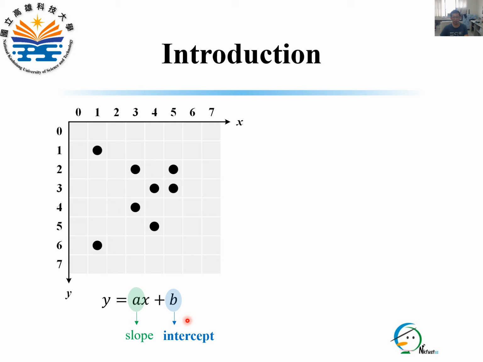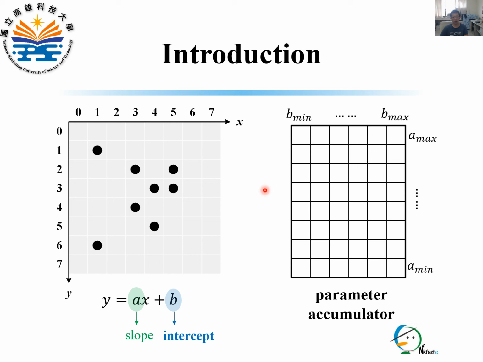For voting parameter values, Hough transform creates an accumulator of a and b. a and b are ranging from a minimum to a maximum and b minimum to b maximum respectively.